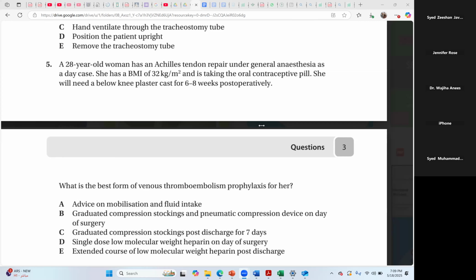We will continue from where we stopped yesterday. Actually, we are trying to learn anesthesia with an approach from MCQs.